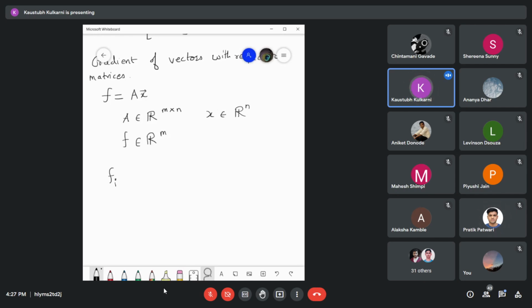F is a vector function, so the ith component is equal to summation j goes from 1 to n of a i j into xj.